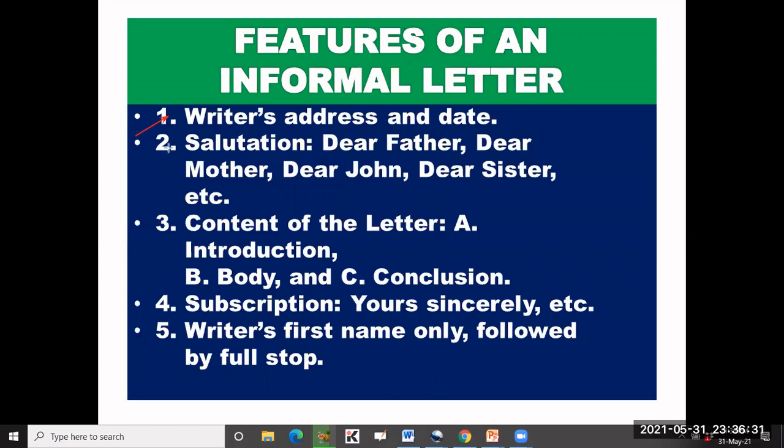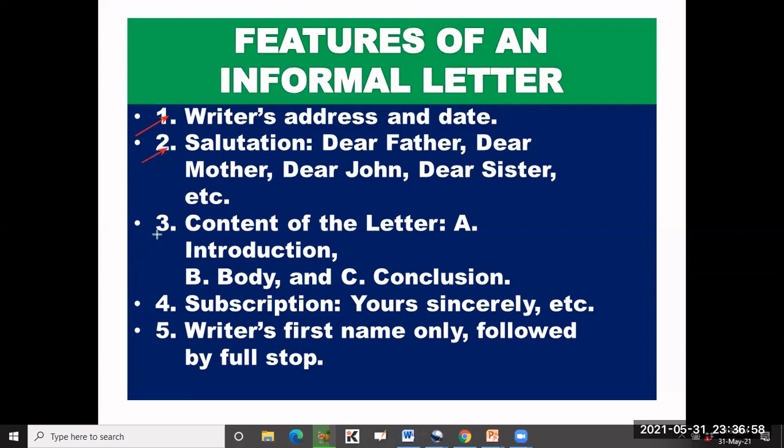Then the second thing is the salutation, or the opening greeting, if you like. For example, if you are writing to your father, you can write, "Dear Father." If you are writing to your mother, you can open with, "Dear Mother." If you are writing to your friend or brother, you can write, "Dear John." If it is to your sister, you can write, "Dear Sister" or "Dear Jane," as the case may be.